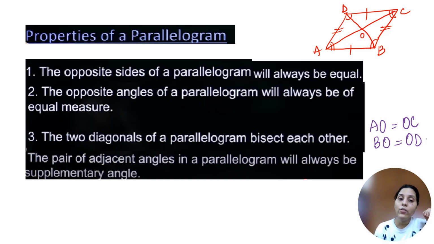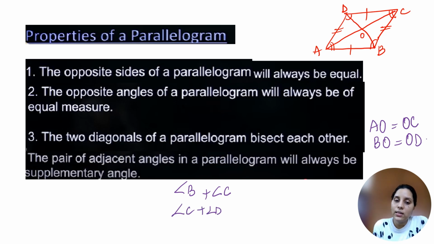Now, the pair of adjacent angles in a parallelogram will always be supplementary. So here what are adjacent angles? We just saw B and C. Angle B and angle C are adjacent. Angle C and angle D are adjacent. Angle D and angle A are adjacent. And angle A and angle B are adjacent.